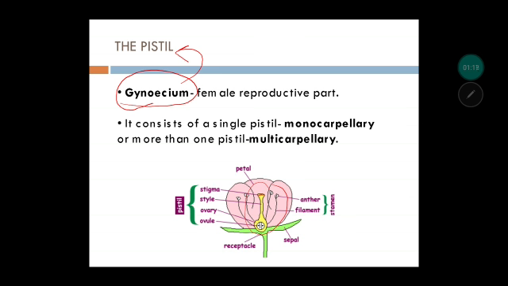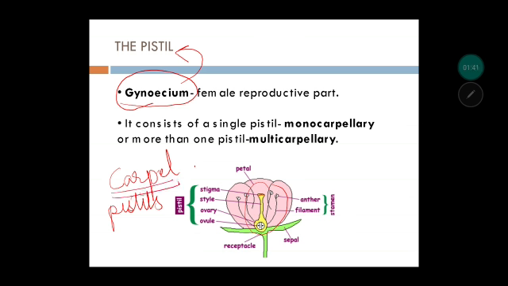Now, there can be one pistil or two or more pistils in a plant. A single pistil is referred to as a pistil only, and if multiple pistils are there, that is referred to as carpel. You can say a collection of pistils is referred to as a carpel.